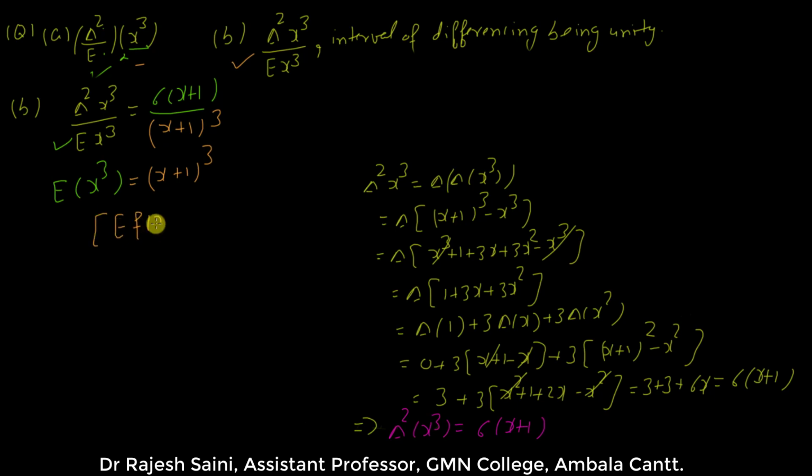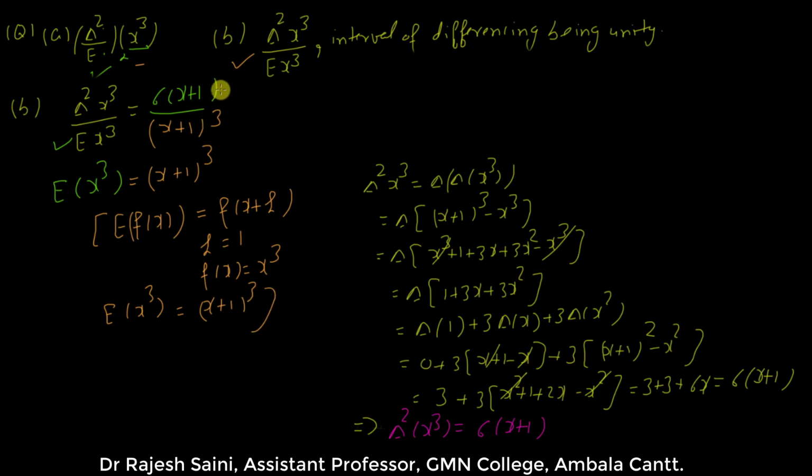You know E of f of x is equal to a shift in the forward direction, and here h is 1 and f of x is nothing but x cube. So E of x cube will be x plus 1 cube. Okay, so now this will cancel out, and this will cancel out. It will be x plus 1 whole square.